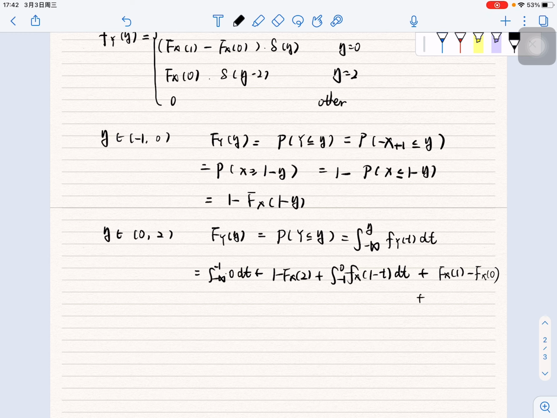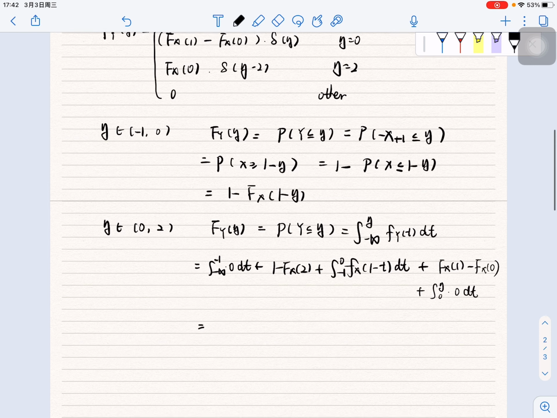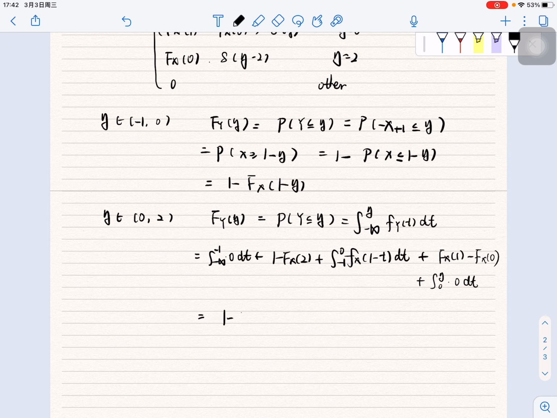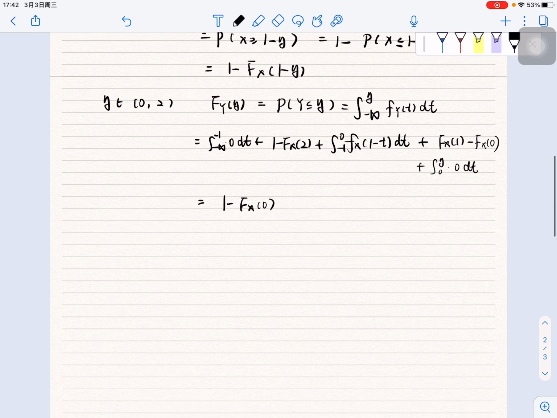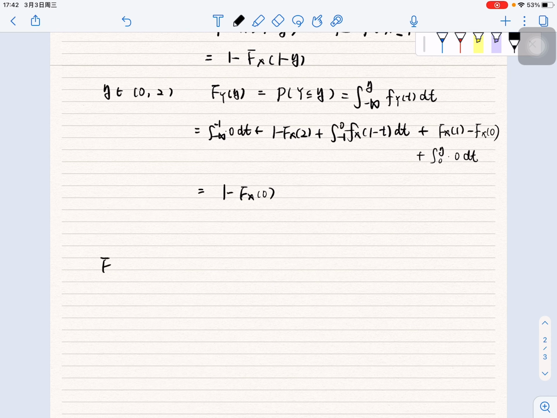And then we add the integration from 0 to y, where the value is 0 plus dt. Here we can get the value 1 minus Fx(0), and we can get the distribution function here.